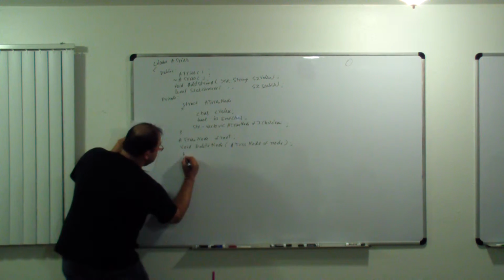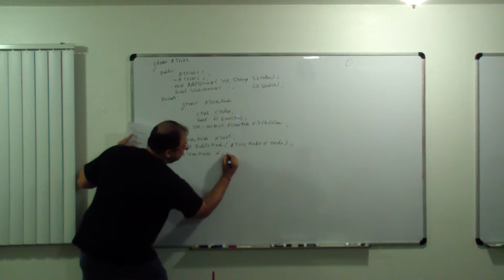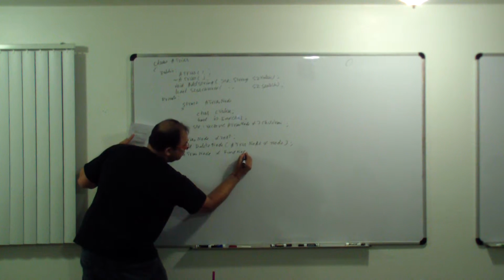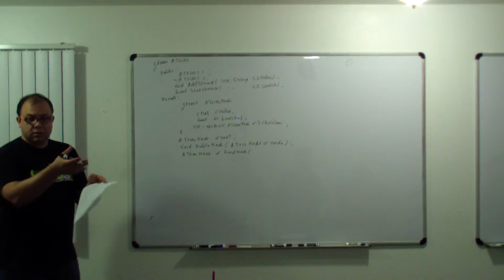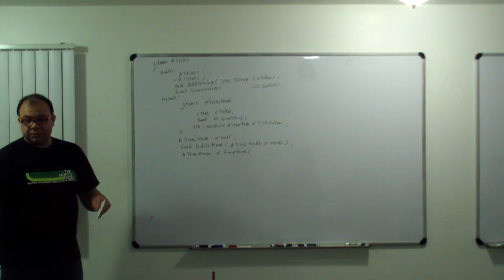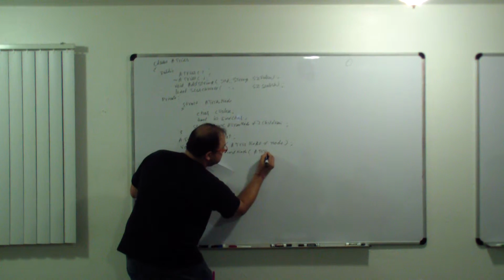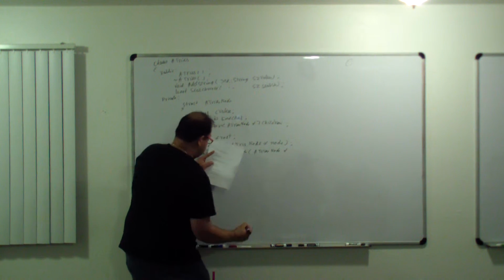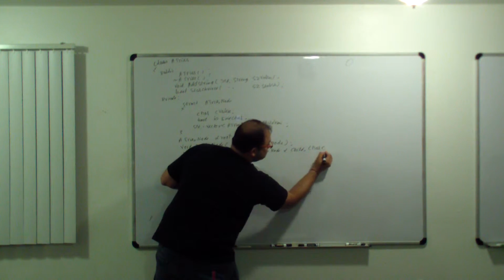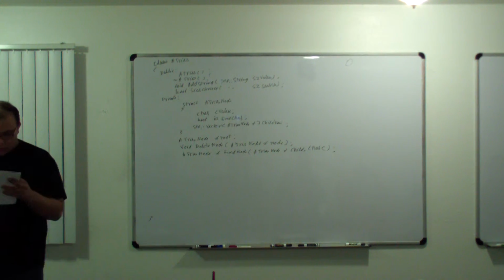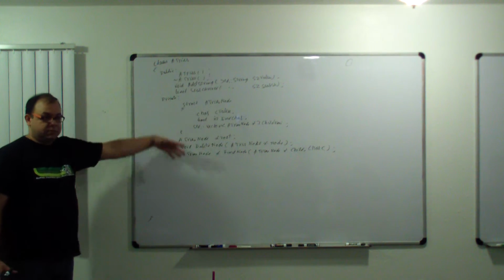Then a TriesNode star findNode, which will find a node in your children, I think. I don't know, we'll see. It takes a TriesNode star child and a character. I don't know what this function does, we'll look. So this is pretty self-explanatory, the structure.